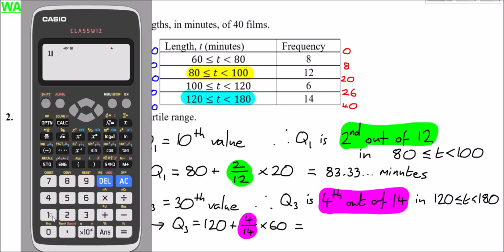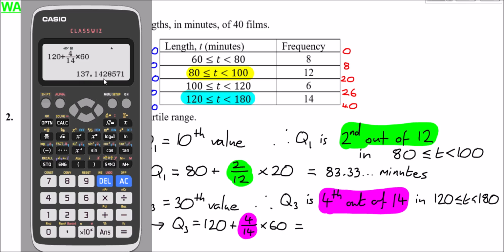So let's just calculate this. 120 plus 4/14 of 60 gives us 137.1428. So let's call it 137.143.